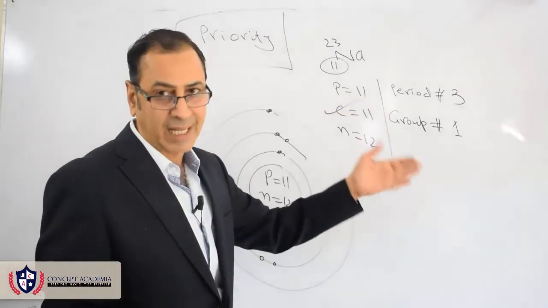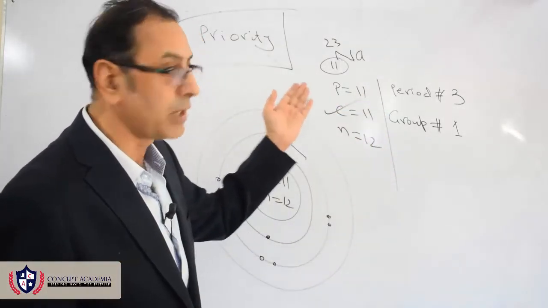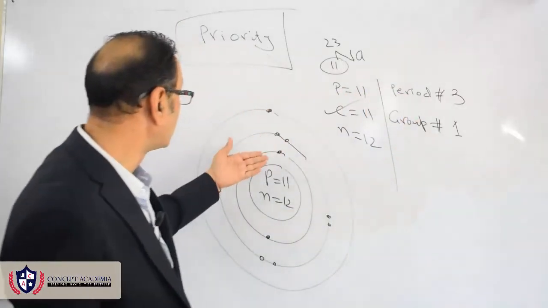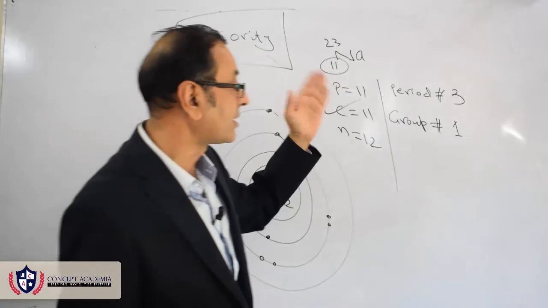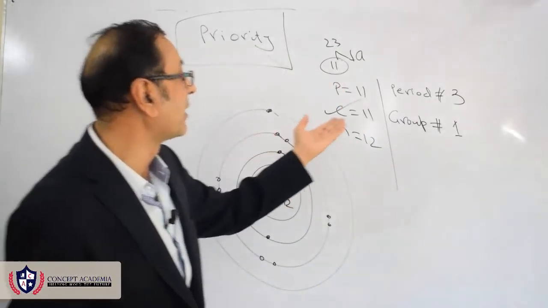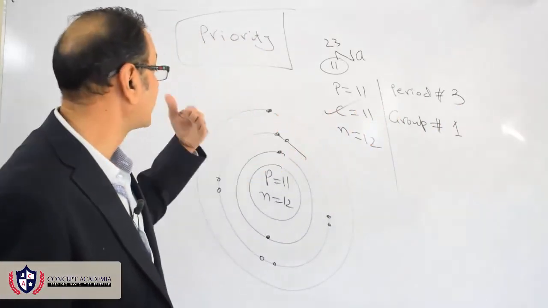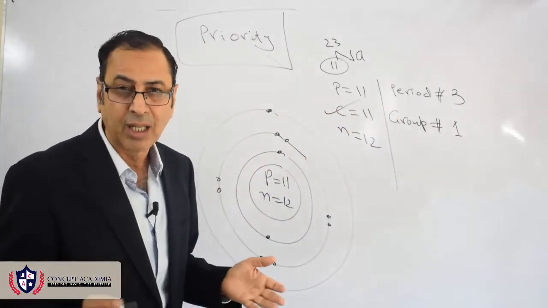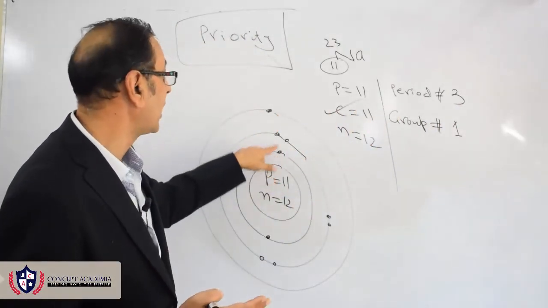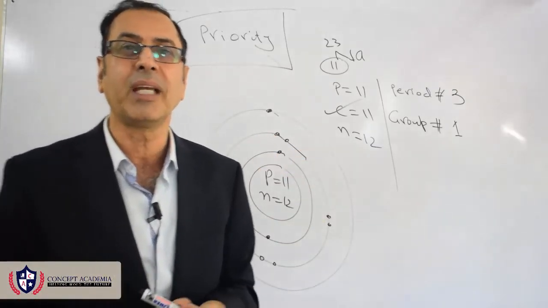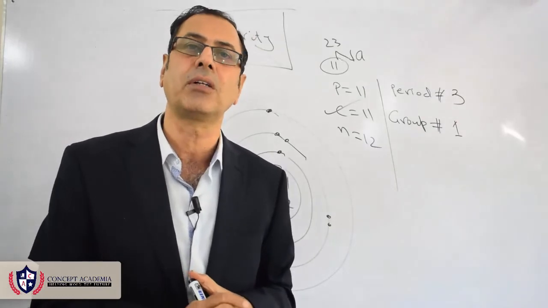The period number tells us the number of shells, so in the case of sodium, it is 3, so we draw 3 shells. The second priority is given to the group number. It is group number 1, so there must be 1 electron in the last shell, and then you start from the first shell and the second shell, and in this way we can make the electronic configuration without making a mistake.